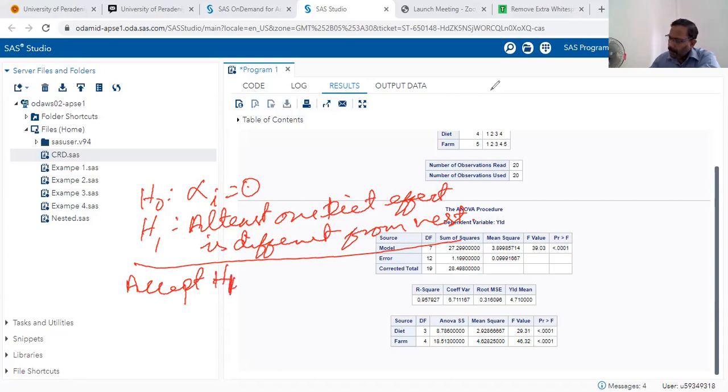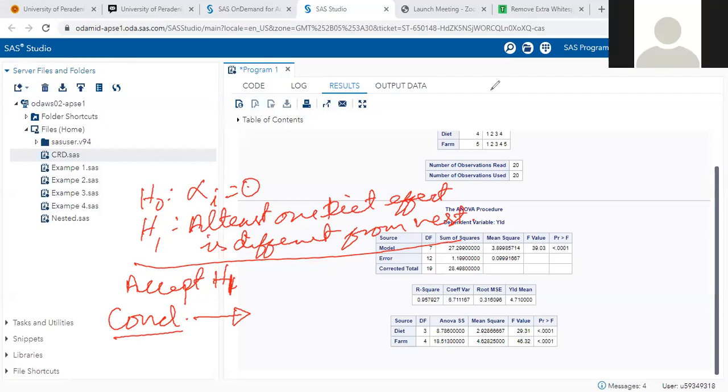What is my conclusion? Anyone? What is my conclusion? There is a significant effect of diet on the milk yield. That is one type of saying that we can declare.